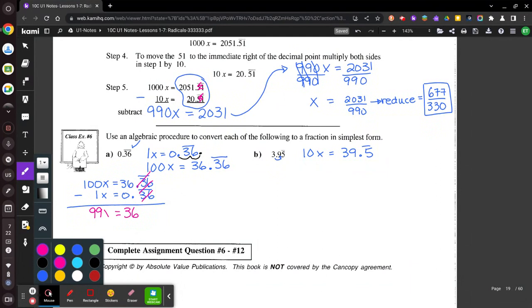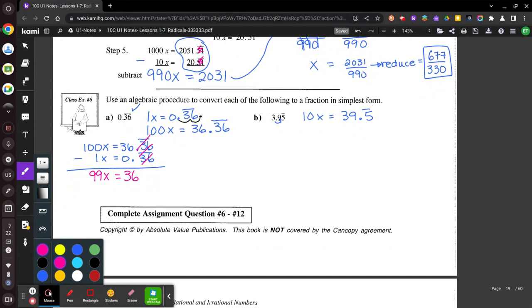So I get 99x equals 36. Now I'm going to divide out my 99 just to solve for x. And we're going to get x is equal to 36 over 99, and we reduce it, which is 4 over 11.